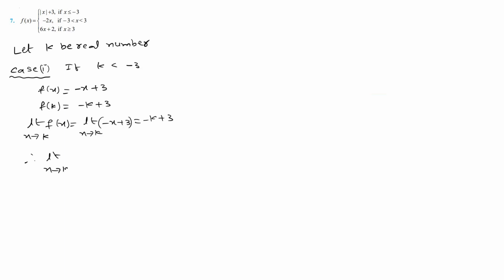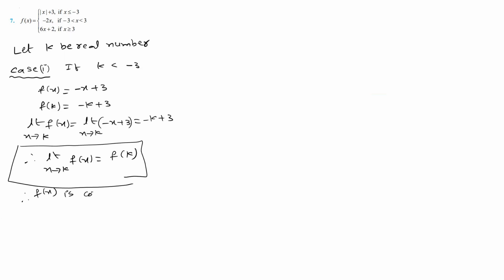The limit as x tends to k of f of x is equal to f of k, so this is a continuous function. Therefore, f of x is continuous at x less than minus 3.